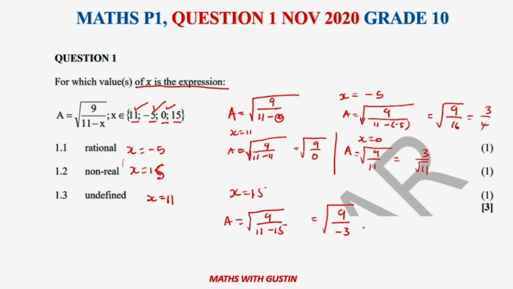All right, yeah, so therefore this is a non-real number, because you can't have a square root of a negative number. All right, and that's how you would deal with this question 1 of November 2020. Fairly easy, straightforward. Just substituting the value of x, and then you have to comment whether it's rational, non-rational or undefined.